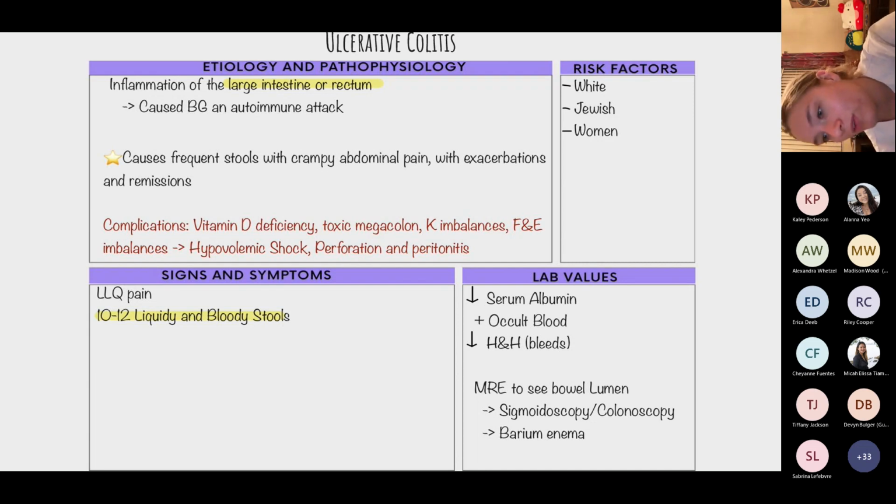And they're bloody too, because we've got that ulcer component, which is not very fun for these patients. So what are we going to look for in labs? We're going to look for fecal occult. We are going to watch their hemoglobin and hematocrit, because you might have a patient that simply with UC is bleeding so much they might need a PRBC infusion, simply because they're losing that much blood in the stool. Okay.